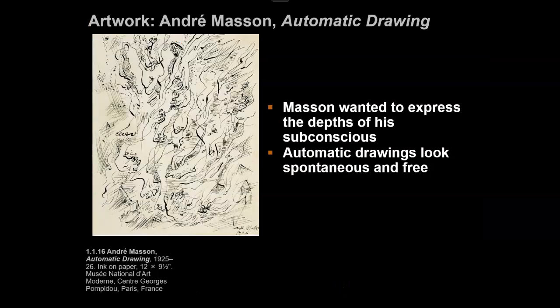Here, André Masson is talking about that same idea of the subconscious, right? He actually goes without food and water for a few days so that he can really hone in on the subconscious and do these automatic drawings. They're very spontaneous and very free.